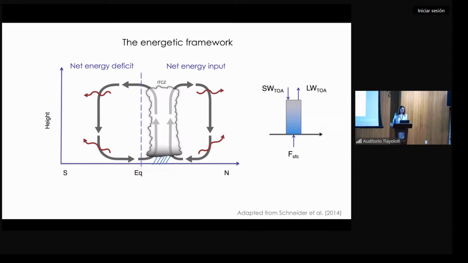Yeah, so this is a great question. I'm going to try to give a super brief answer because these are things that Spencer will touch upon. Just to give a very schematic overview, let me start from the fact that we've been thinking about constraints for tropical precipitation for decades now.